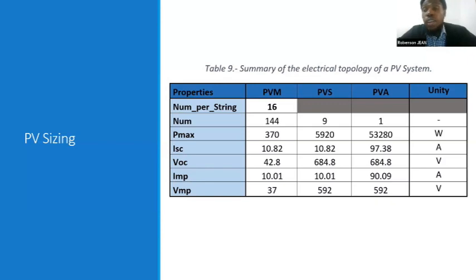So if in one day you use less than 1,500 watt hours, your system is quite enough with one panel. So it is like that, but for much more, you will use more panels.